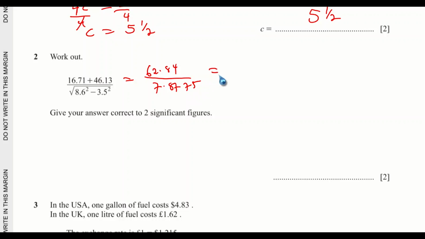So if you divide the numerator by the denominator, you should get 7.9772. We are asked to correct our answer to two significant figures. So this will be equal to 8.0, correct to two significant figures. So the final answer is 8.0.